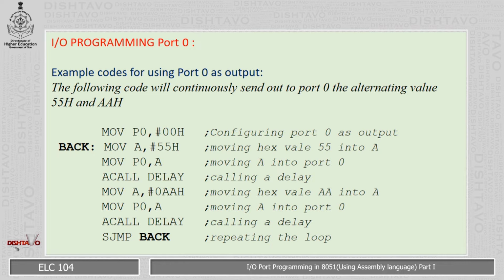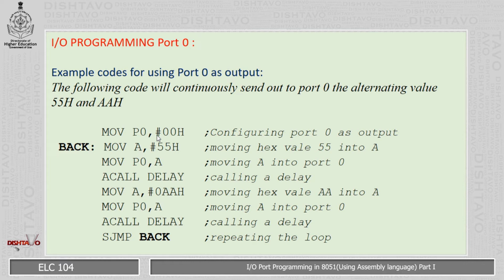So how do I write this particular code using my ports? The first part is very important: always make the port an output, because I want to send data, I don't want to receive data. How do we do that? I'm going to move 00H into port 0. Why do we put a hash? Hash is put to indicate that this is data.